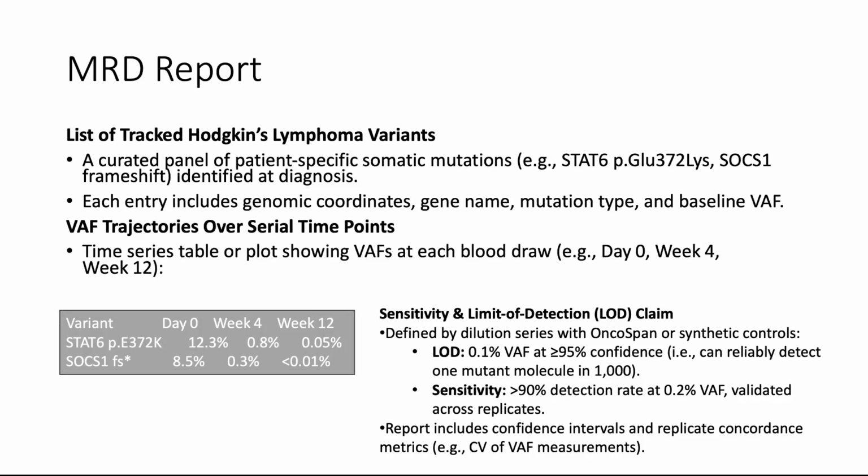So we have different genes associated with certain disease and mutations, and we are tracking the number of molecules with a certain mutation which we were able to detect with a certain level of confidence in these samples.